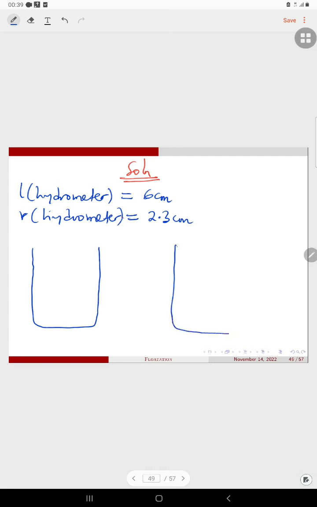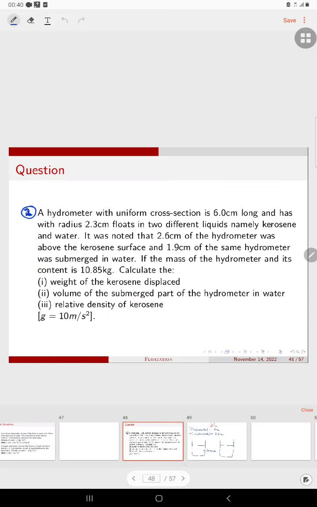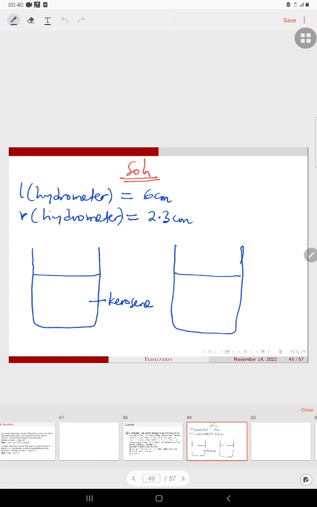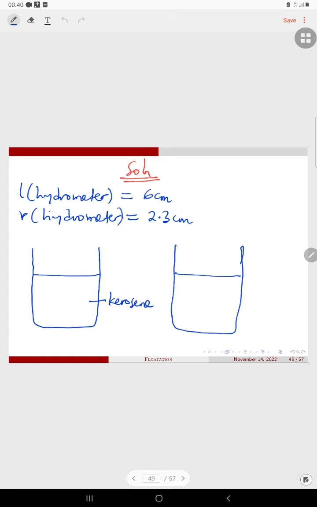Okay, so let's see, this is our containers. And then this is the water, the kerosene one is also water. And according to the question, let's call the first one kerosene if you follow the question. The question talked about kerosene before water, okay? Say 2.3 is above the kerosene surface. And let's call this water.